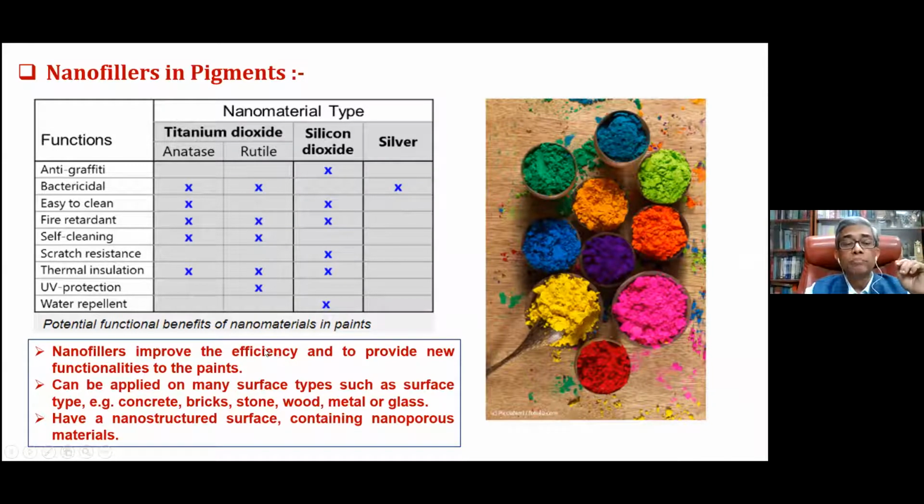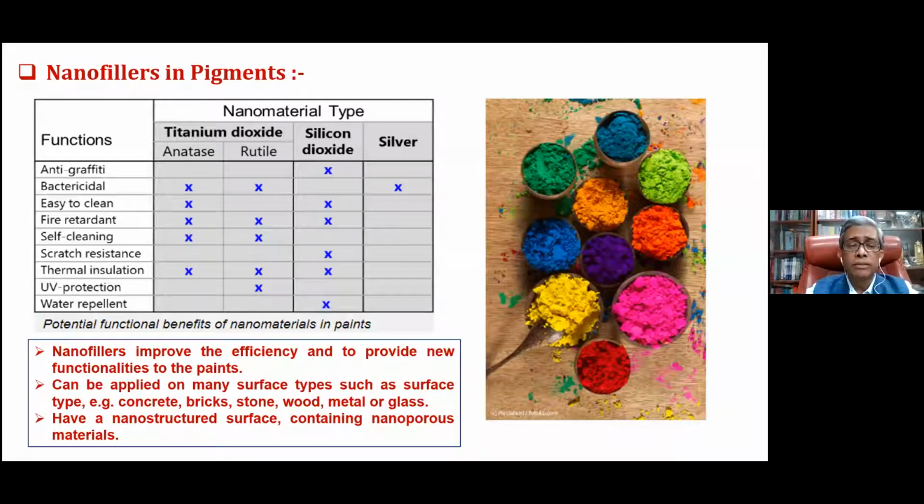If you look at paints, they are now using nanomaterials, so you see lots of applications. I see lots of advertisements where the leading paint companies use the words nano and polymer. They are actually using the technology and trying to capture the market by promoting that.